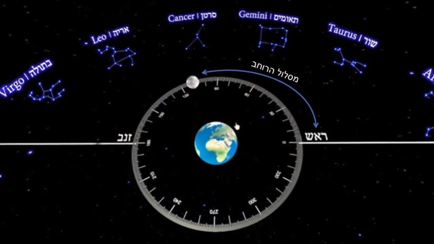Then we have to figure out how far the moon is from the Rosh, which the Rambam calls the Maslul HaRochav, the path of the moon's latitude, how far it is from the meeting point. And only then can we figure out the Minas Maslul HaRochav, the angular distance caused by the Rochav, in other words, how far the moon is inclined to the north or to the south. And after correcting that, we have the true position of the moon.